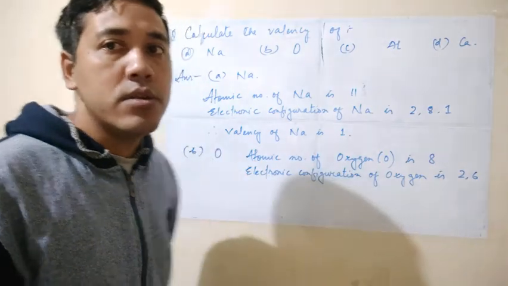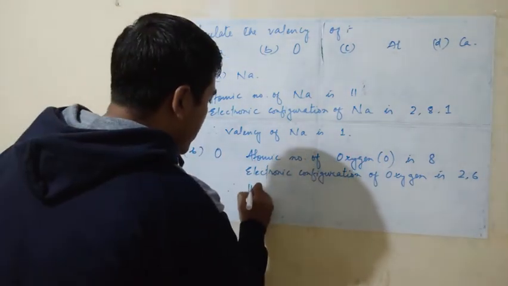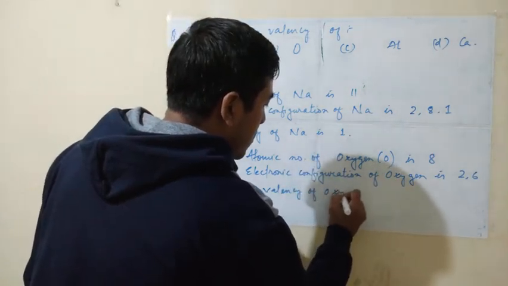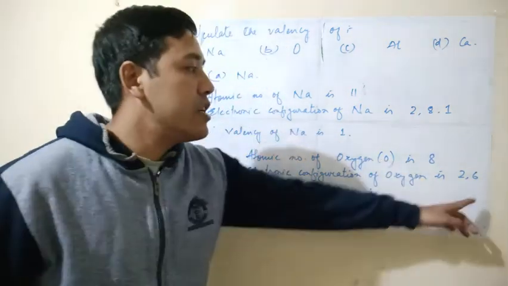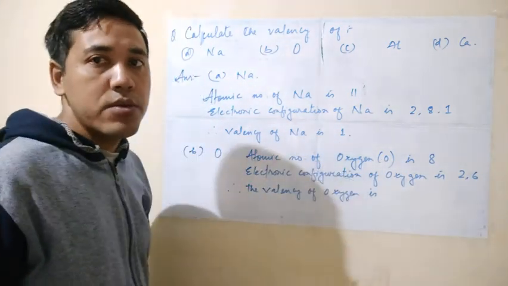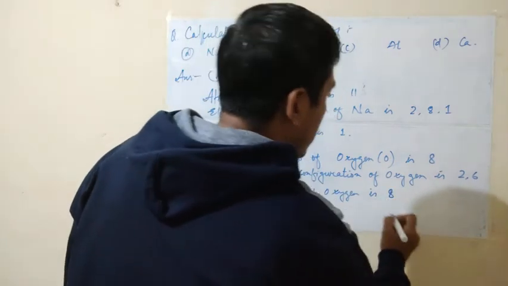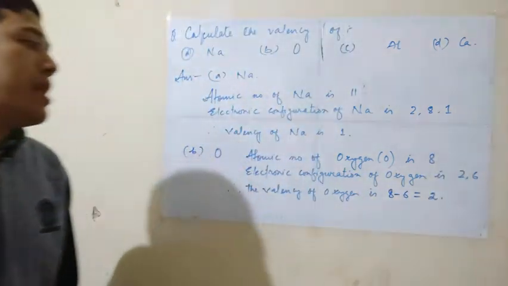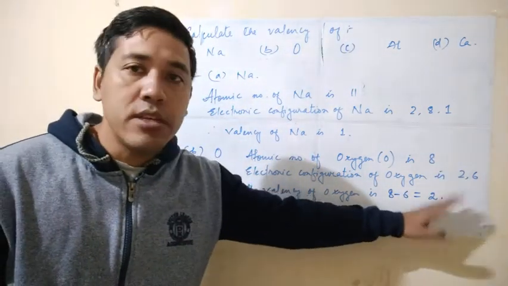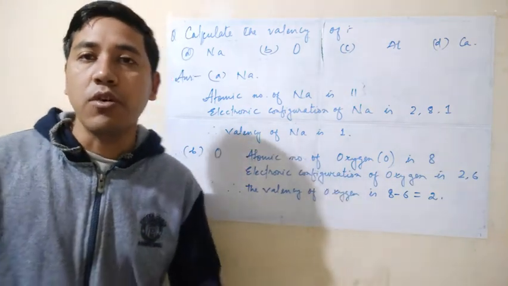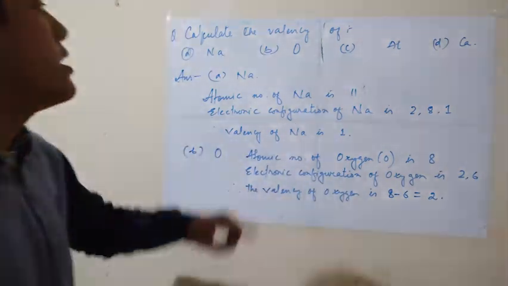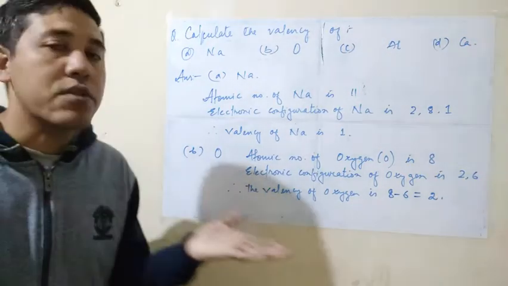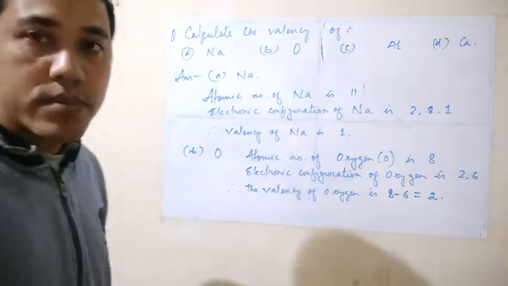Because of that, therefore the valence of oxygen: this 6 is more than 4. What can we do? Then we should subtract 6 from this 8, which is equal to 2. Therefore the valence of oxygen is how many? 2. The main important thing for finding the valence is what? That is the atomic number. If you don't know the atomic number, then you don't know how to calculate the valence. Okay?